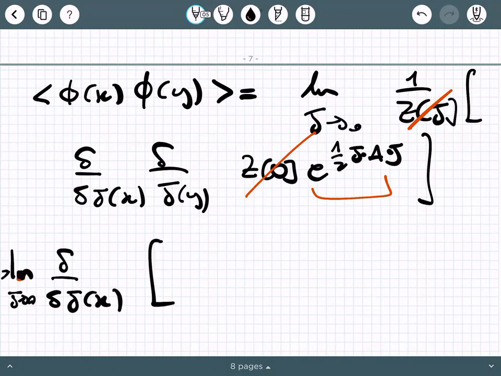So I have the derivative of an exponent is the exponent itself times the derivative of the argument of the exponent.